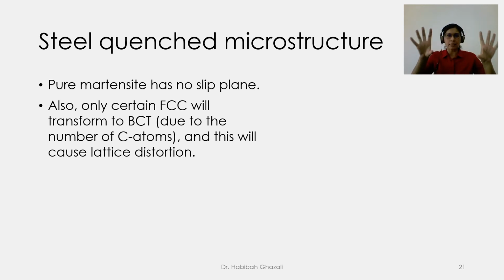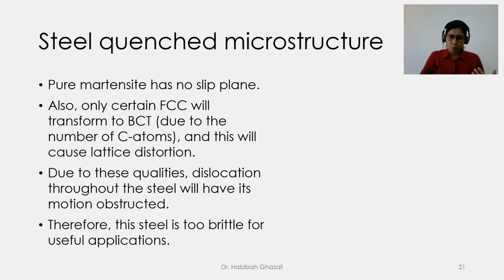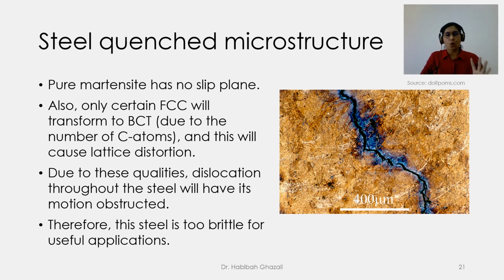So you can imagine that the crystal structure will be distorted. Due to these qualities, dislocation motion throughout the steel will be obstructed. So the steel produced after quenching will be too brittle for any useful application.